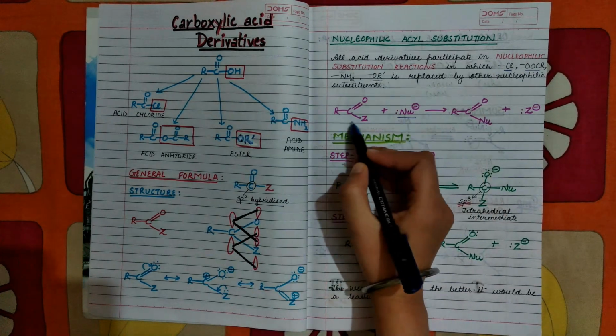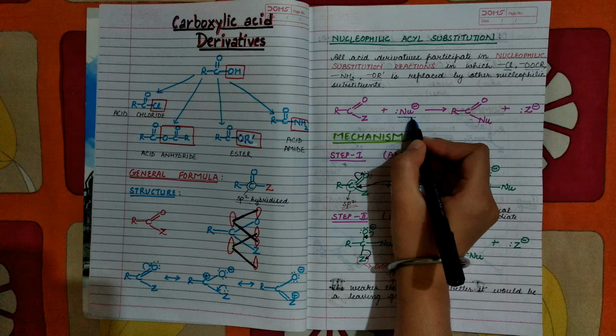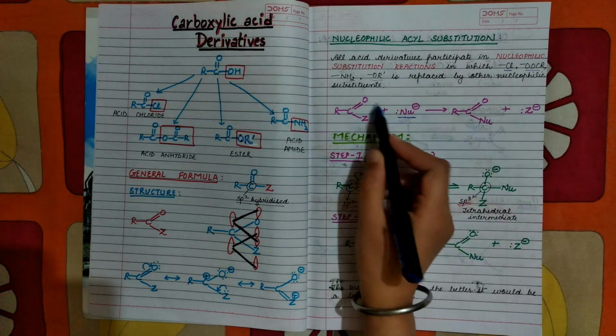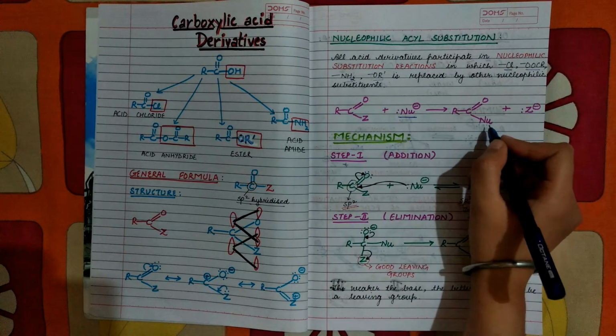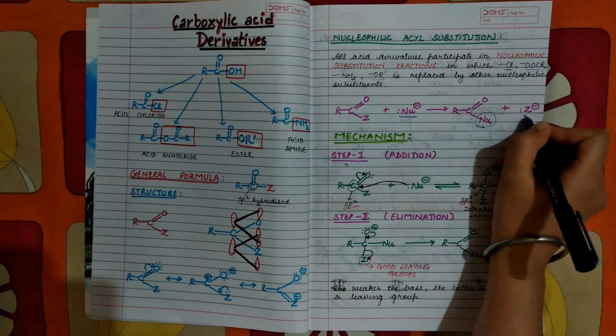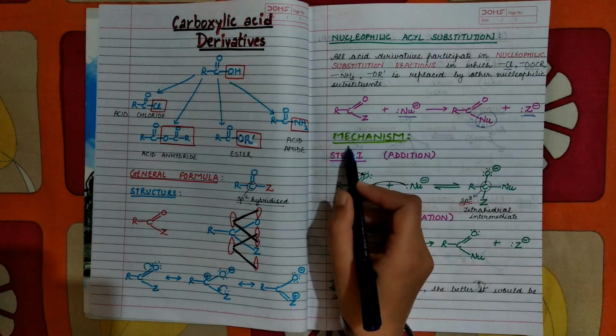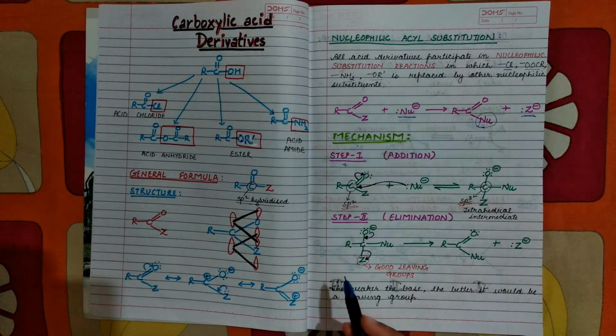So this is the derivative. When we react it with a nucleophile, this nucleophile attacks on this derivative and replaces the Z group, and we get Z negative. Now let us look at the mechanism of nucleophilic acyl substitution.